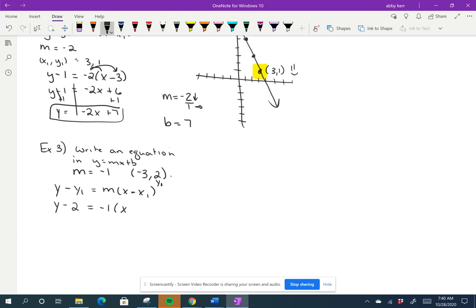So x minus comes from the problem. But then look what our x1 is. Our x1 is -3. You still have to put that -3 in. You can't just leave out the negative because there's already a minus. So this is where I want you to use parentheses.